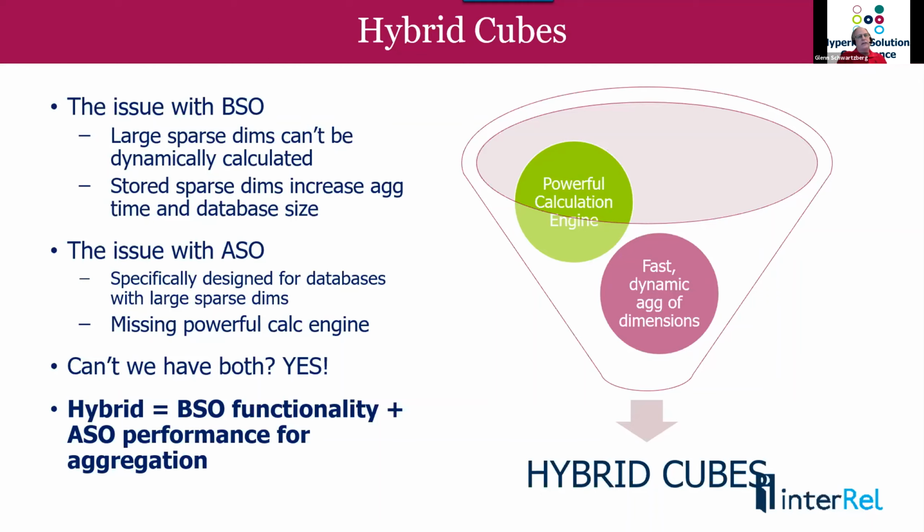The issue with ASO, it was really meant to be for what I call rack and stack operations, where you're going to just be adding up these really large dimensions. And we don't get that powerful calculation engine that we have in BSO. So hybrid is the BSO functionality, ASO performance, and the BSO calculation engine.